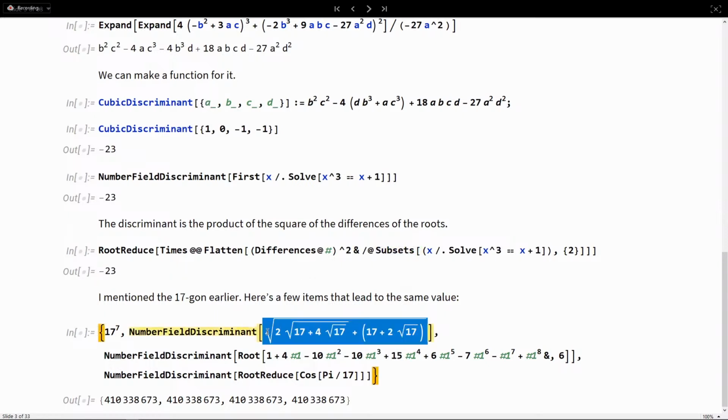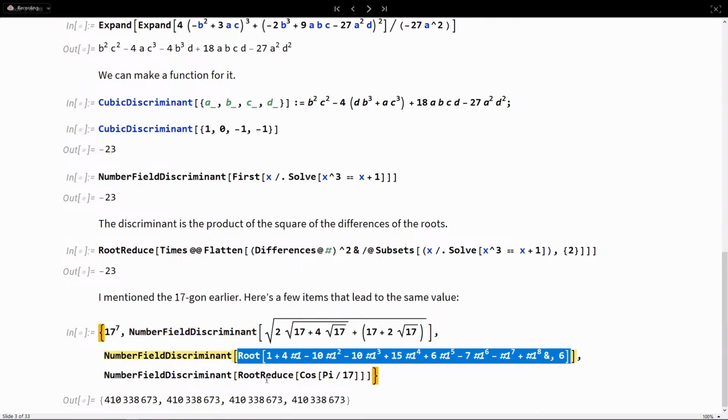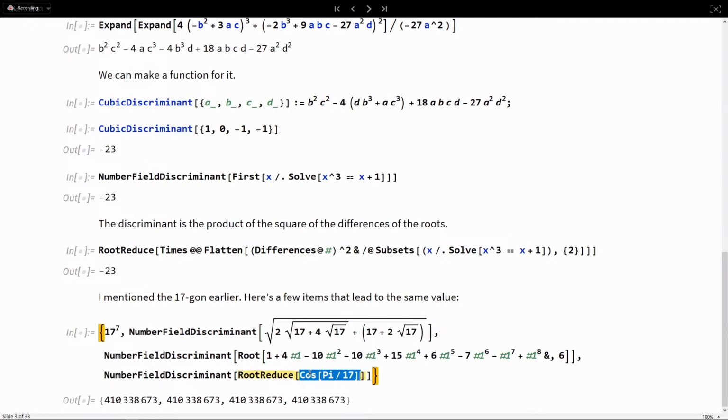If you look at this radical statement, or this root, which was on the previous page, or the cosine of 2 pi over 17, the discriminant in all of these cases is equal to 17 to the 7th. All of these are the same thing. So even though these are in completely different forms, once you look at the discriminant, you can see that these are all the same thing.